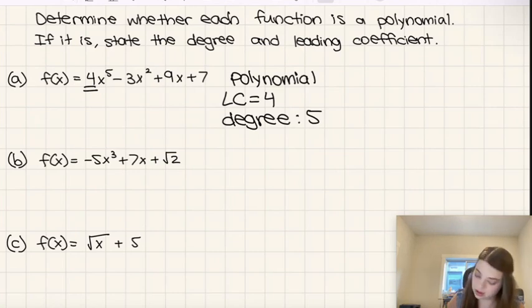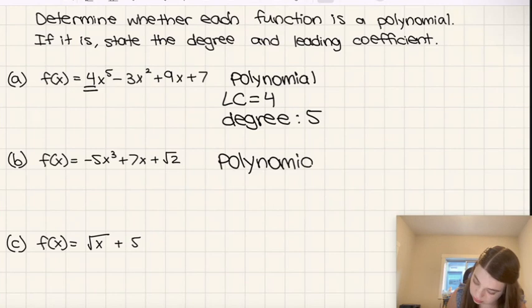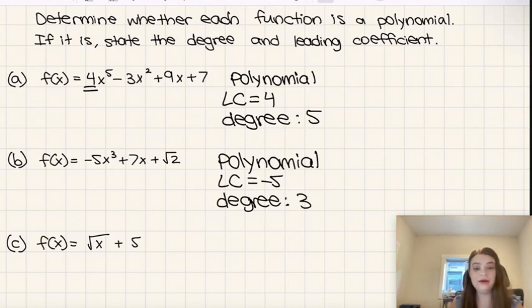This also is a polynomial. Here the leading coefficient is equal to -5, and the degree is equal to 3 because the highest power is cubed, right? So therefore degree is 3.